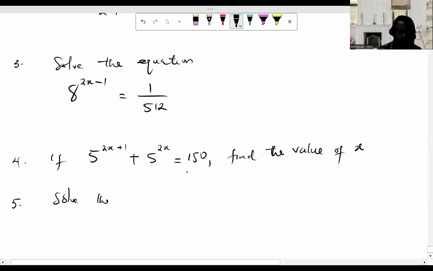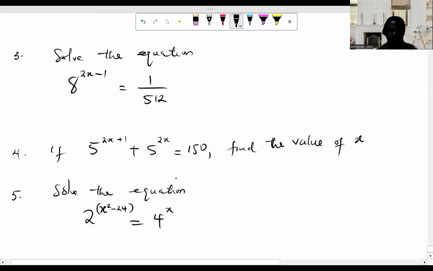And then number 5, solve the equation: 6 to the power of x squared minus 24 is equal to 4 to the power of x.